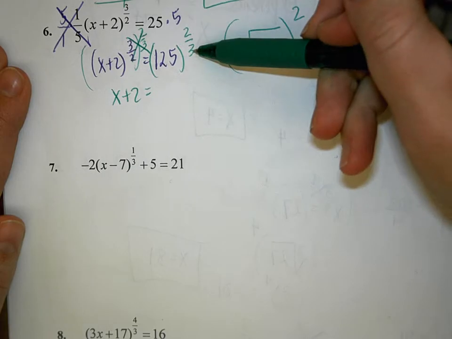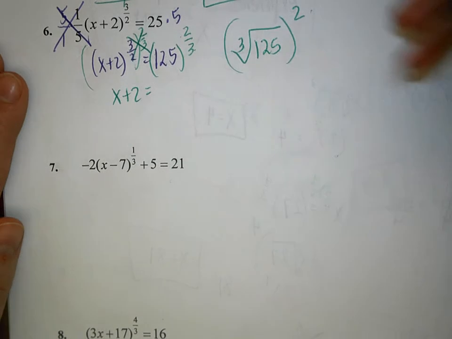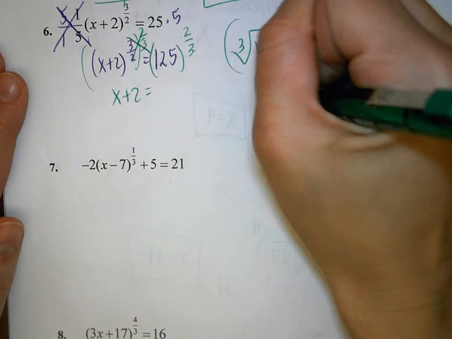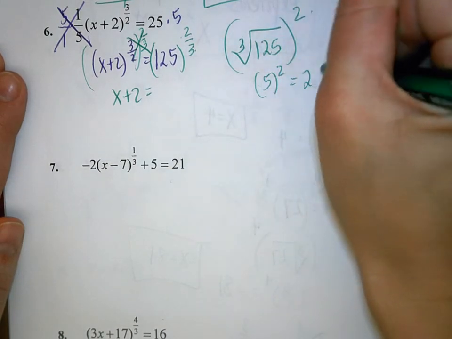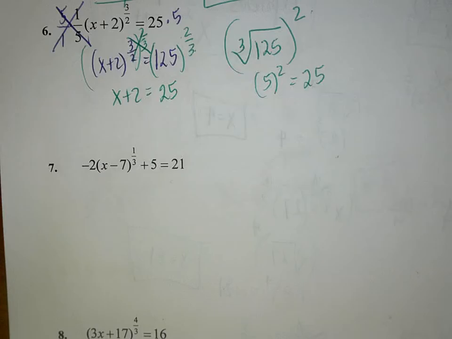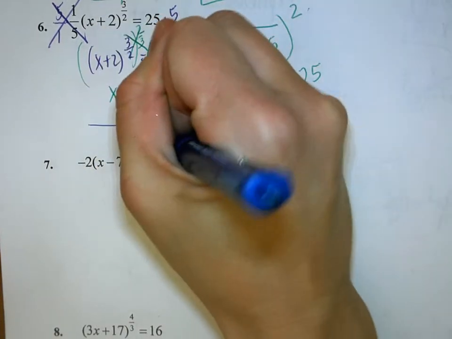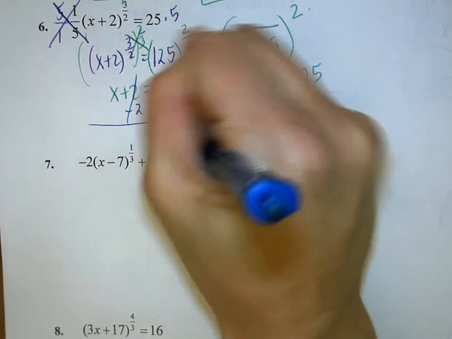So the bottom number is my root, the top number is my exponent. The cube root of 125 is 5, and 5 squared is 25. And then your last step in order to get x by itself would be to, very good, subtract 2. So x equals 23.